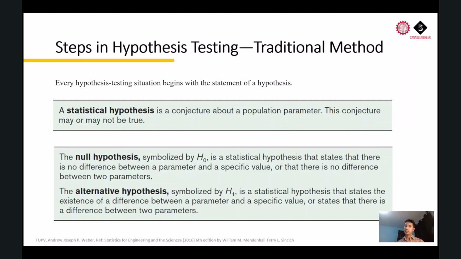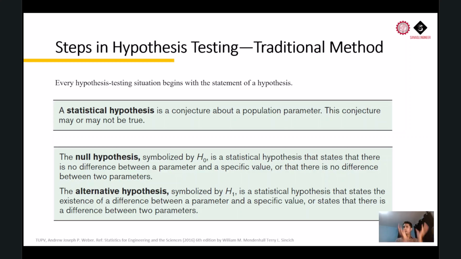So the null hypothesis, symbolized by H naught, is a statistical hypothesis that states that there is no difference between a parameter and a specific value, or that there is no difference between two parameters. The type of hypothesis testing that we're going to include here is hypothesis testing about a population.